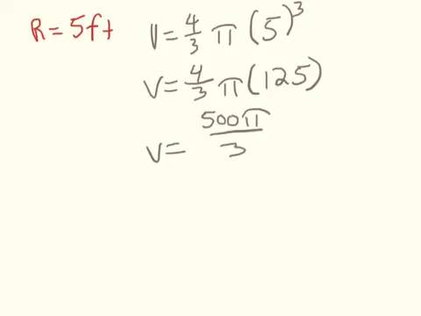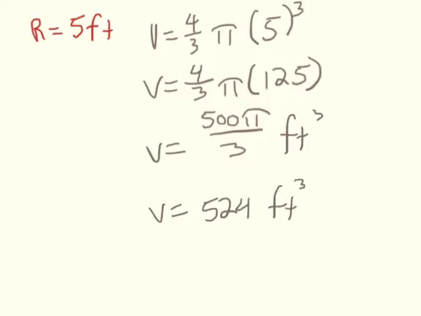The directions on this page tell you to give the answer in terms of pi and to the nearest cubic foot or cubic unit. So in this case, if you did it in terms of pi, it would be 500 pi over 3 feet cubed. And if you solved it out, you would find out that the volume is 524 cubic feet.